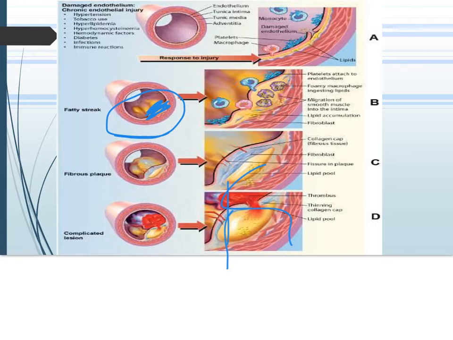As compared to if we had a buildup all the way around the artery wall, then that would be considered concentric. Also, it's important to know that most plaque buildups actually start at bifurcations, just because there's more surface area for the fatty substance to stick to or become deposited on.